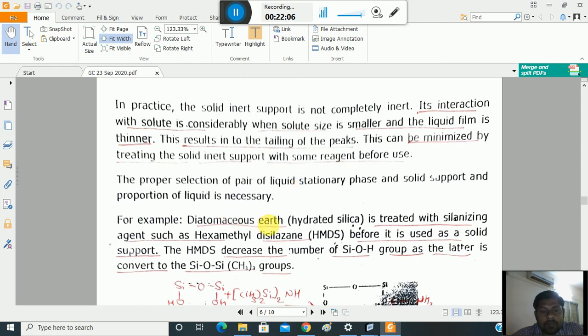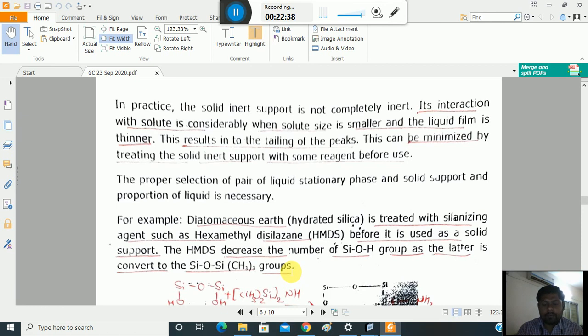For example, diatomaceous earth, hydrated silica, is treated with a silanizing agent like hexamethyldisilazane (HMDS) before it is used as a solid support. The HMDS decreases the number of SiOH groups as the latter is converted to Si-O-Si groups. So here what happened? The hydrogens present on the surface are replaced by methyl groups.